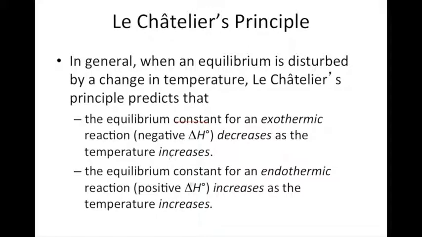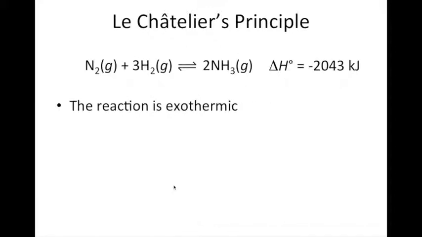The equilibrium constant for an endothermic reaction increases as the temperature increases. So this seems a little tricky, but let's see if we can explain why this occurs in a little different terms.